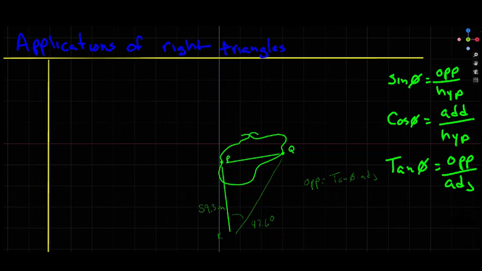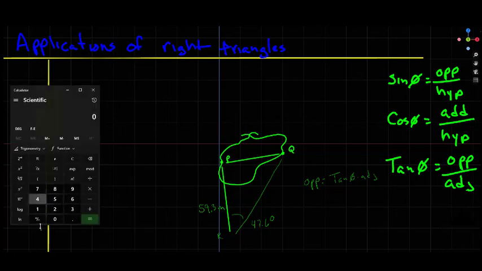All right, so let's find the tangent of theta. And we know that that angle theta is 47.6.